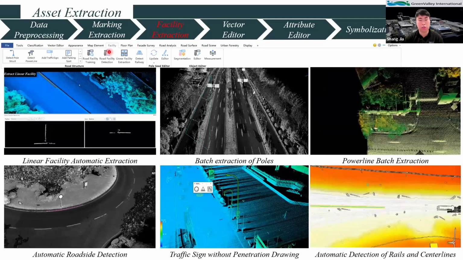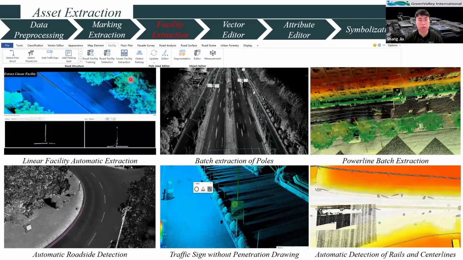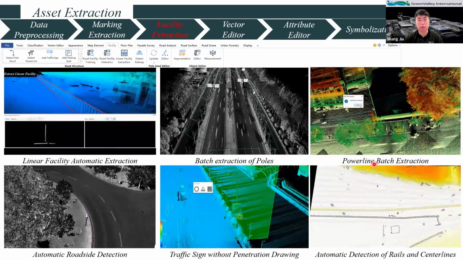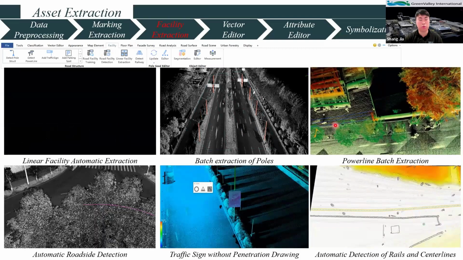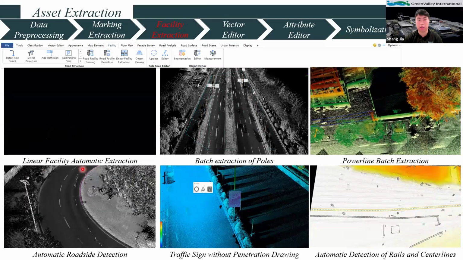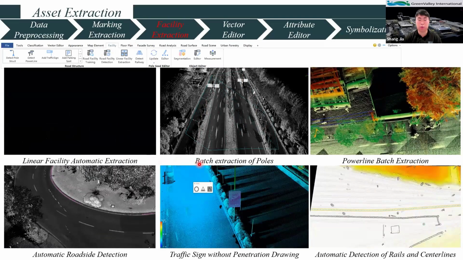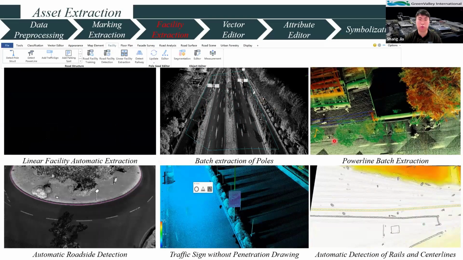The facility extraction, which is similar to road sign extraction, has many different steps and ways to extract different features as well as facilities of the road. There is linear facility automatic extraction, batch extraction of poles, light poles or telephone poles, power line batch extraction, automated roadside detection, traffic sign drawing without penetration, and automatic detection of rails and center lines.